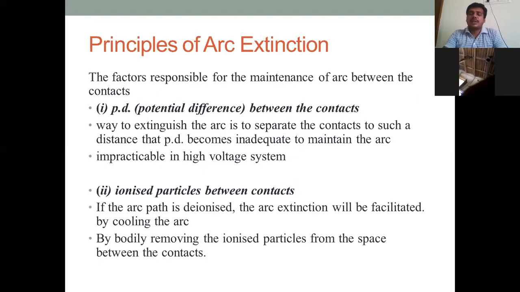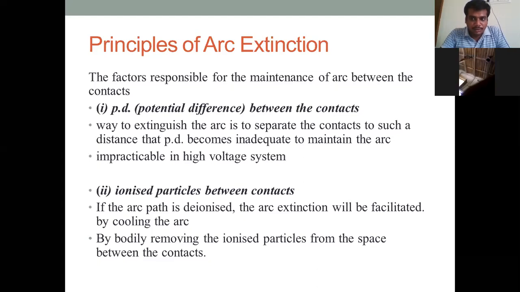So how will we achieve arc extinction? The factor responsible for maintenance of the arc between the contacts is the potential difference between the contacts. The problem with the arc is that if it exists for a long time, the temperature increases and it will damage the circuit breaker.